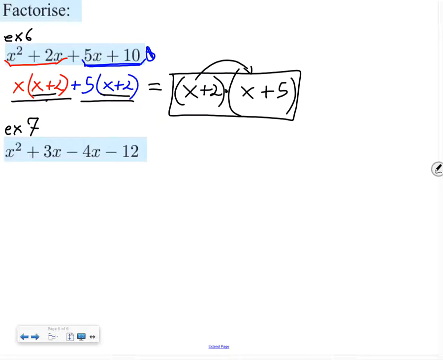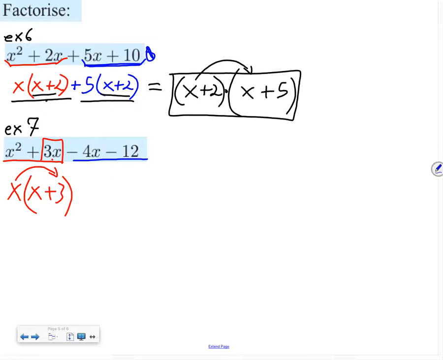Okay, our last example here, example 7, I'm going to do a similar thing. Only look at my first two terms. Again, they both have an x. I factor that out, and I get x times x is x squared, and x times plus 3 is going to give me that term, because I'm thinking what times this is going to bring me back to this term. Again, I'm going to look at my second two terms.